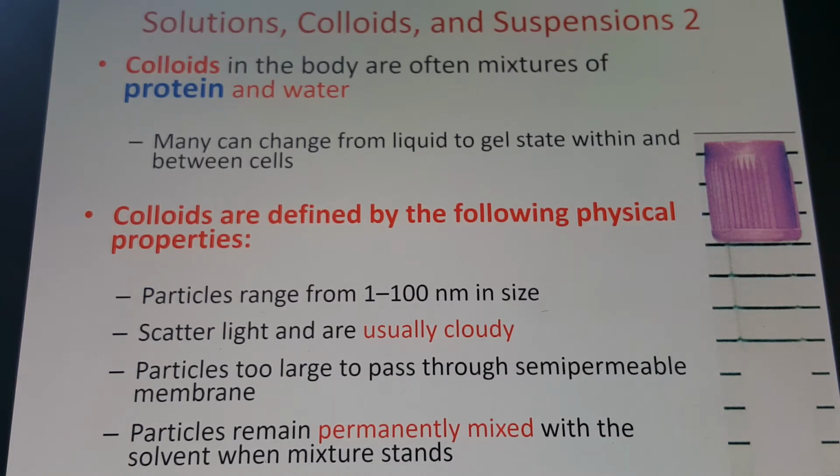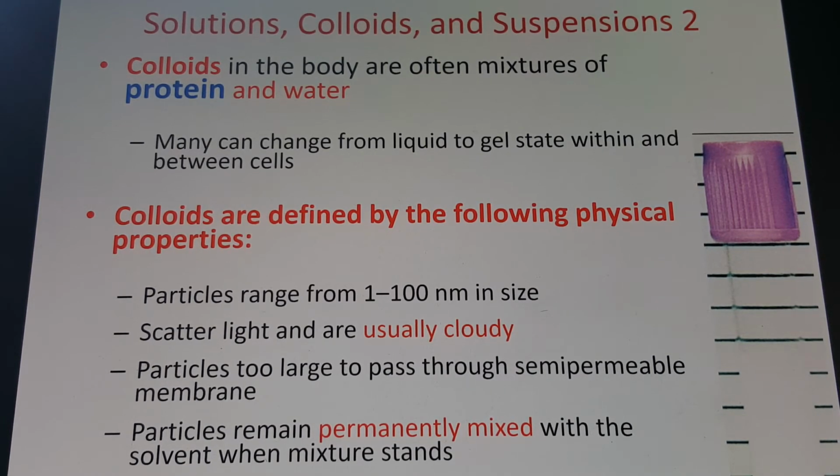So they are causing a little bit of blockage of light passing through. And this also is permanently mixed just like a solution. So no matter how many times I leave this out, how long, doesn't matter. It's still going to be that same mixture, not going to separate. So you won't end up with different layers of the components of that mixture.